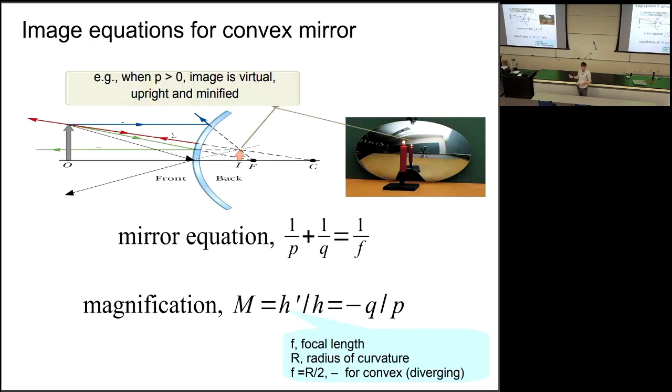So that will give rise to different locations of an image of an object in a concave versus a convex mirror. It'll give rise to different magnifications of the image in a convex or a concave mirror. And it'll give rise to potentially one's real, one's virtual, one's upright, one's inverted, and so on. So it's the same equations.